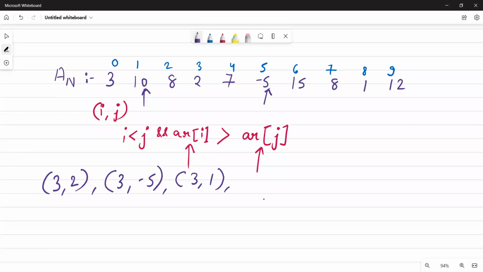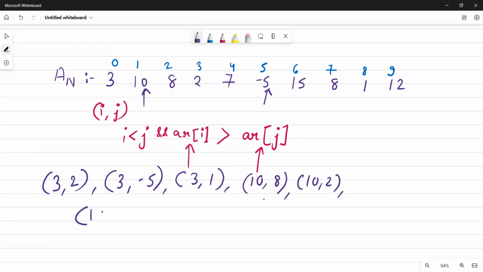Can you all tell me the pairs with 10 now? 10 and 15. Bhuvnesh? Yeah, you are telling the opposite. Right. First thing is we will get 10 and 8. Next, we will get it as 10 and 2.